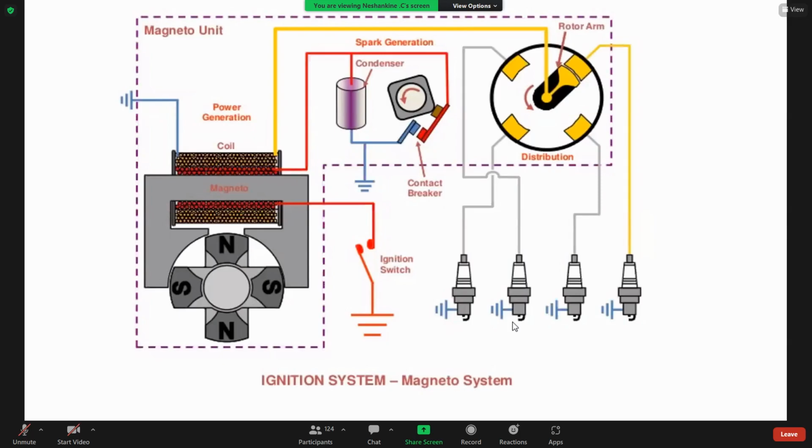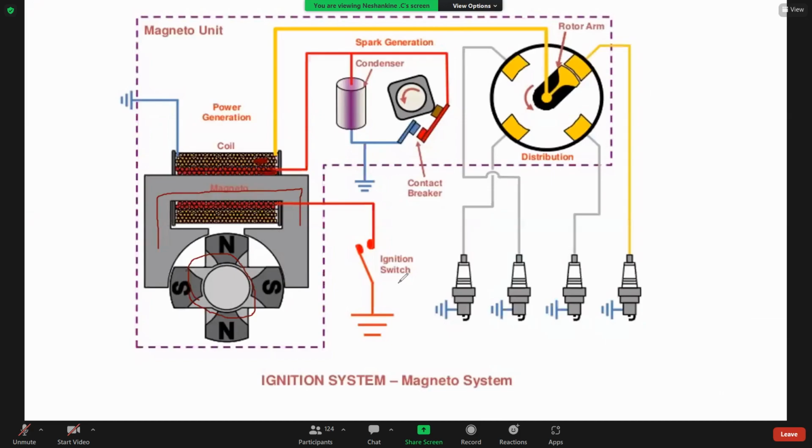Okay, this is the line diagram of this magneto ignition system. Here I already told you this one is the magnet, this one is the armature. This red color indicates the primary coil, then this yellow one is the secondary coil.